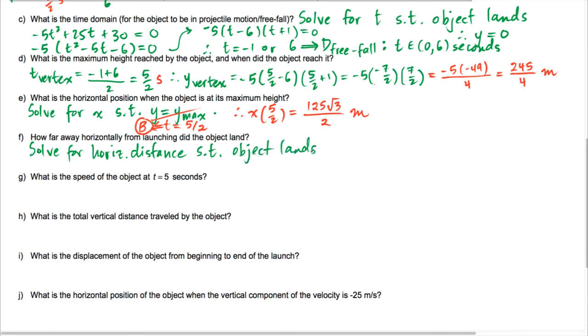So when we want to rewrite this, we know that object landing corresponds with y equal to 0, and y equal to 0 corresponds with point C, which means t is equal to 6.